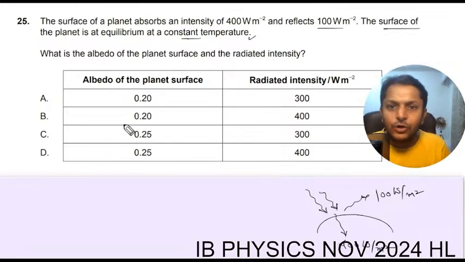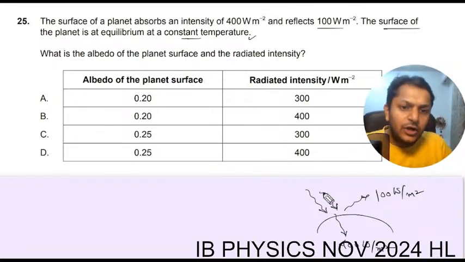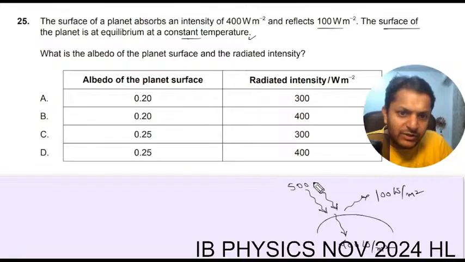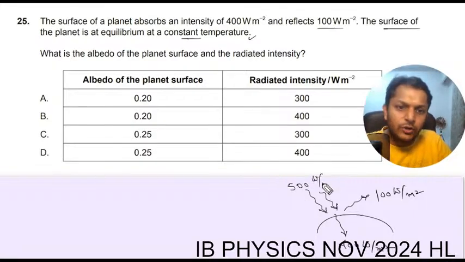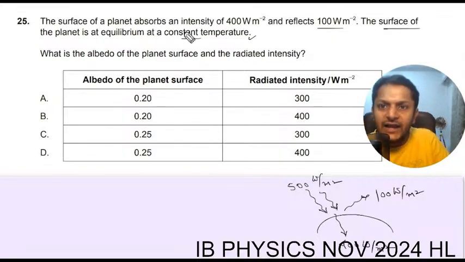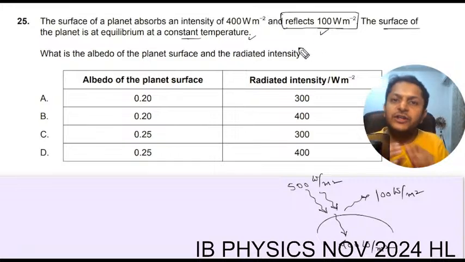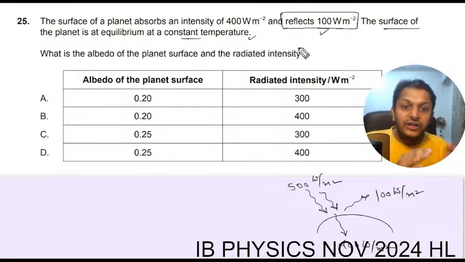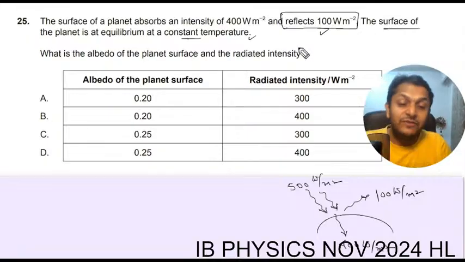What is the albedo of the planet's surface and the radiated intensity? Of course the total energy that is coming will be 500 watt per meter square according to this. 400 is absorbed and 100 is reflected. That is clearly given here. Reflection is the albedo, so it's 100 divided by 500. Be very careful.